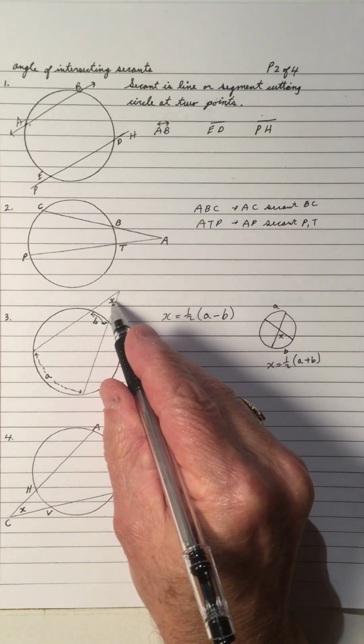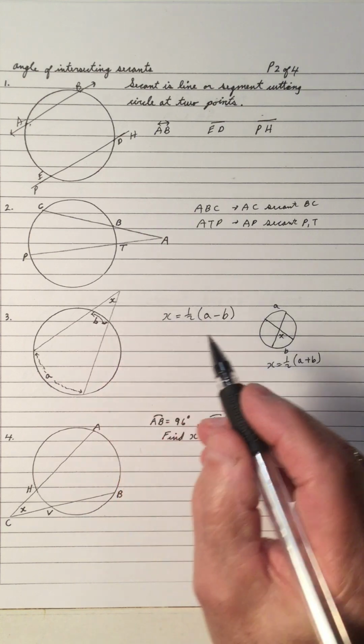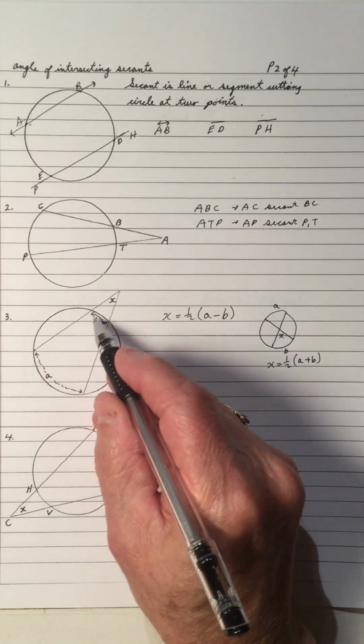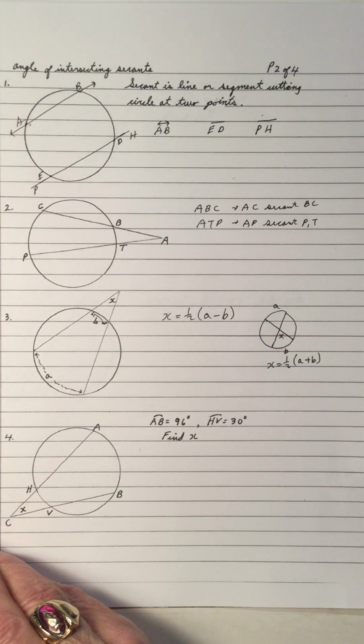But when it's two secants intersecting and the angle's outside, then it's half of the difference of the arcs, with the larger one minus the smaller one.